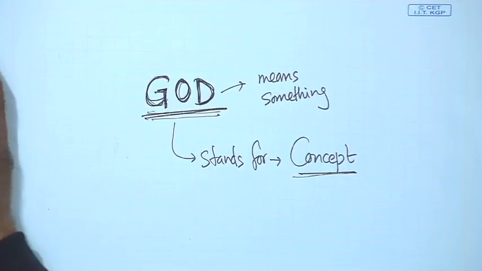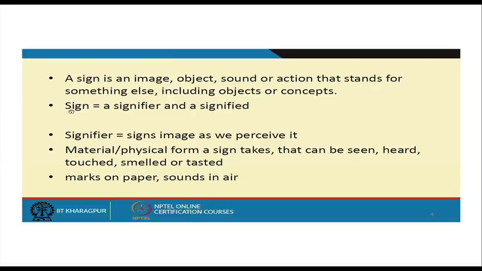Now we move on to another important thing, which is that a sign has a signifier and a signified. This is a very important thing in any of the semiotic books, in any of the books that refer to semiotics, or if you read anything to do with semantics, you will always encounter the words signifier and signified.